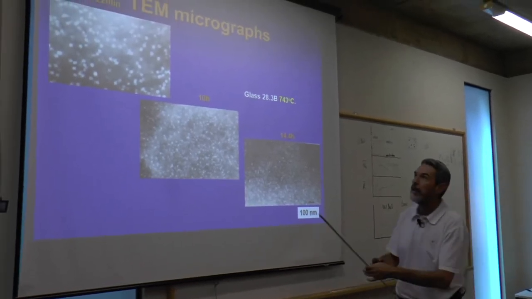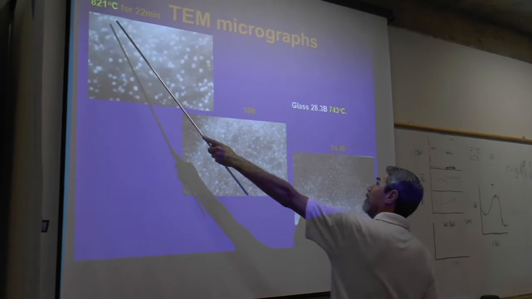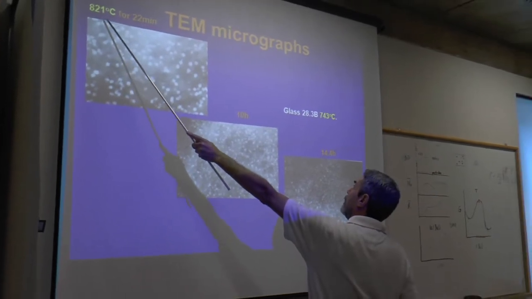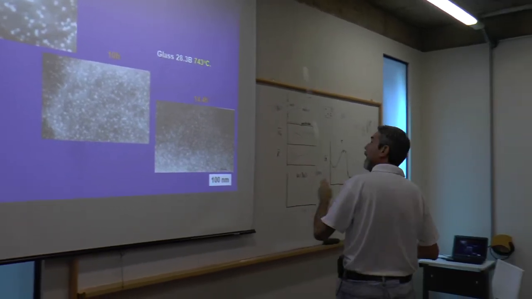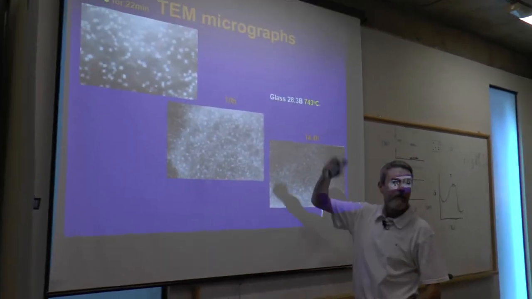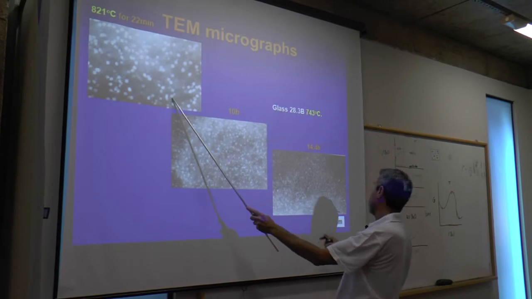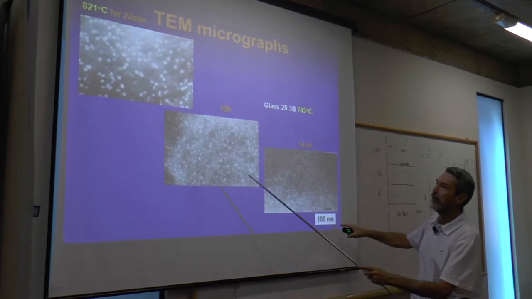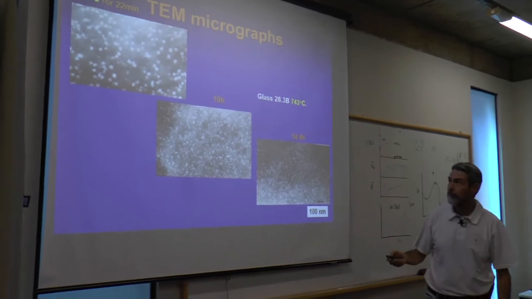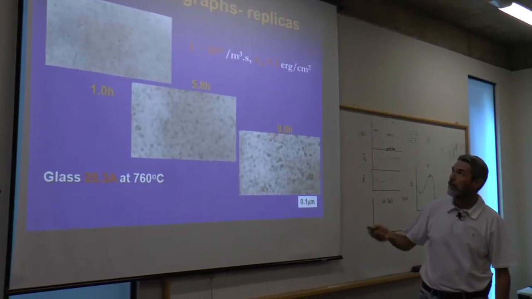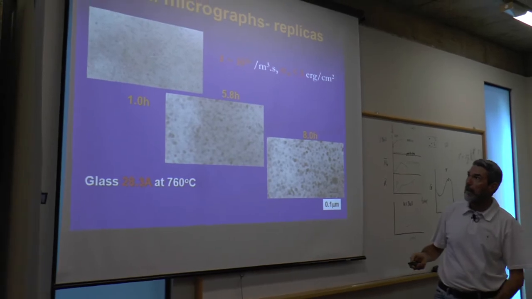Even growing at, say, 820, which is much above TG. TG of this glass is about 700 Celsius. 820 is well above TG. And look at the size, the same bar is valid. It's still a few nanometers. And there are other micrographs.